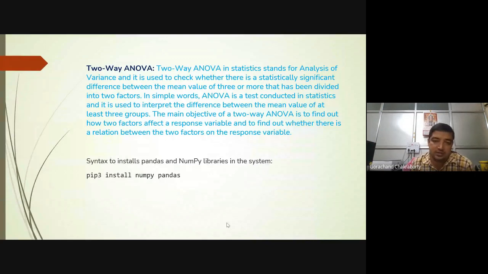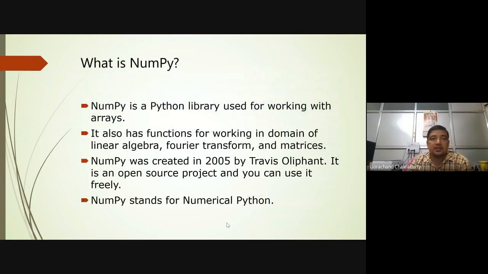So for this, we have to install the NumPy library. So what is NumPy? NumPy is the Python library used for working with arrays. Whenever we are working with arrays, then we have to install this library. It also has functions for working in the domain of linear algebra, Fourier transform, and matrices.